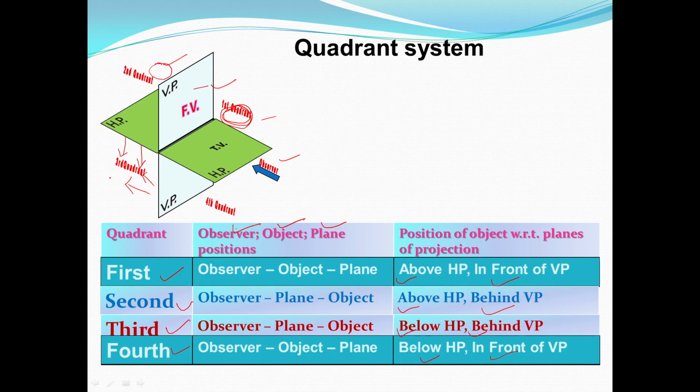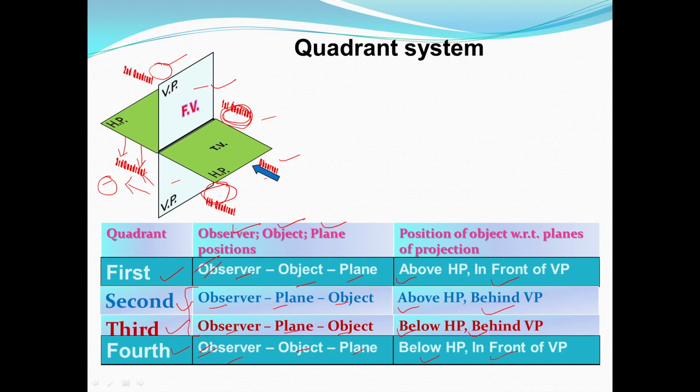Object in the third quadrant: observer, plane, object. So for the second and third quadrants, the position is observer, plane, object. For the first and fourth quadrants, observer, object, plane.